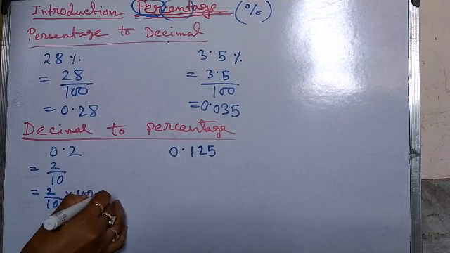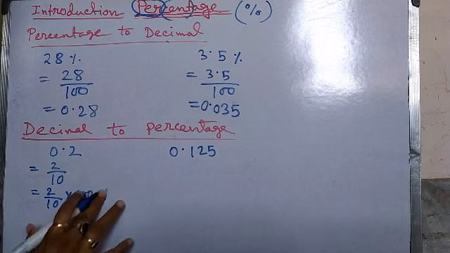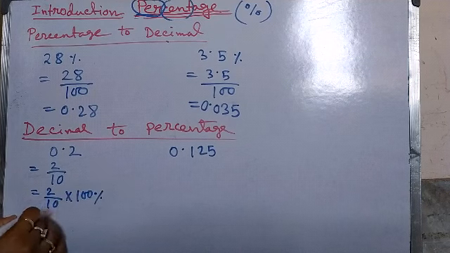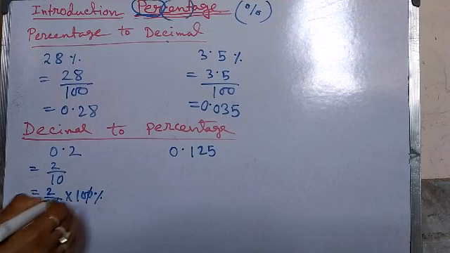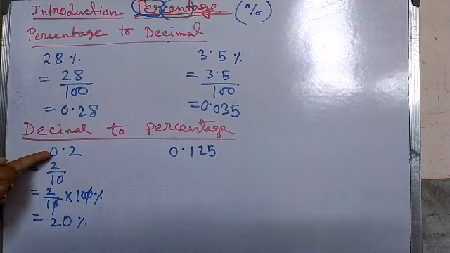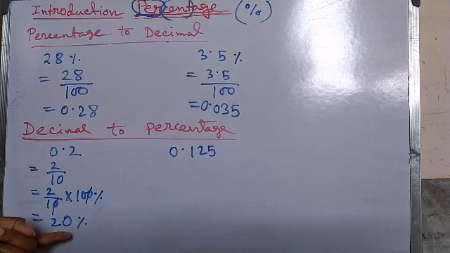Don't forget to give the symbol of percentage here. Then we'll make simplification here, then 20%. So decimal to percentage, 0.2 equals 20%.